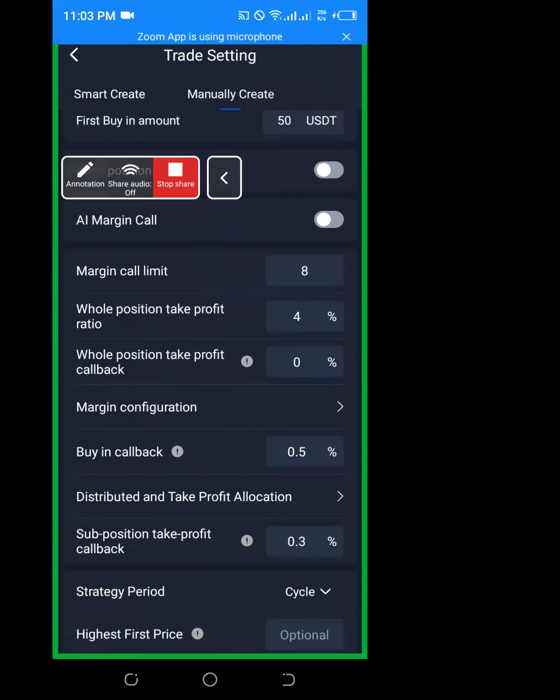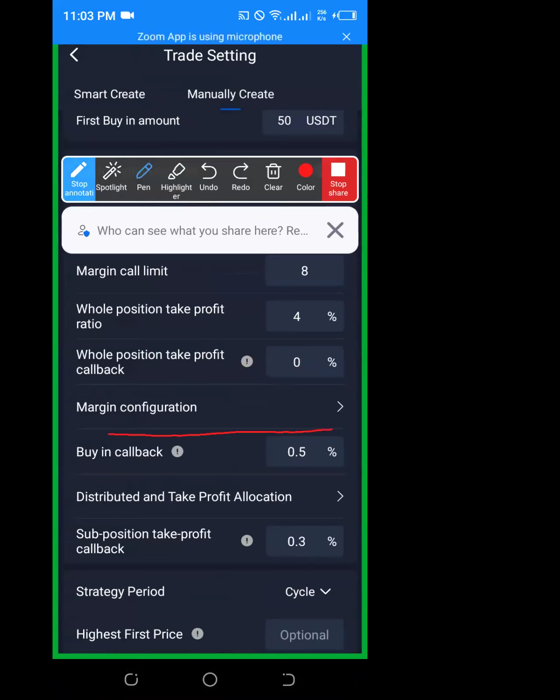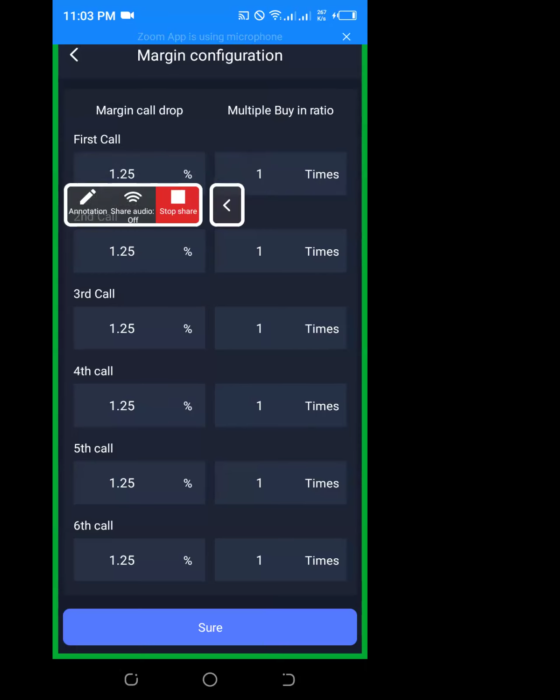We are looking at the buying callback. This one moves with the margin call drops.